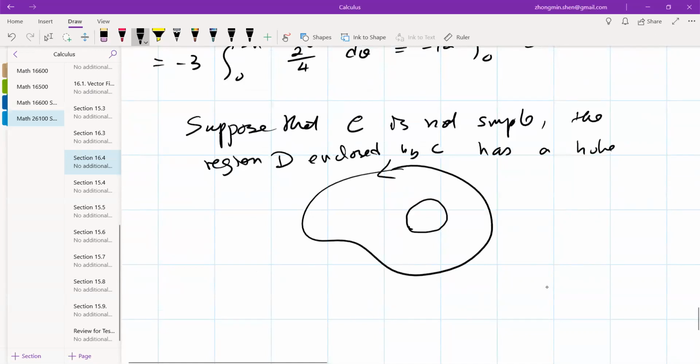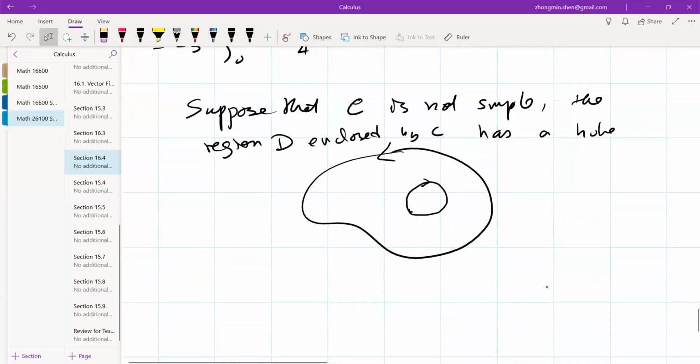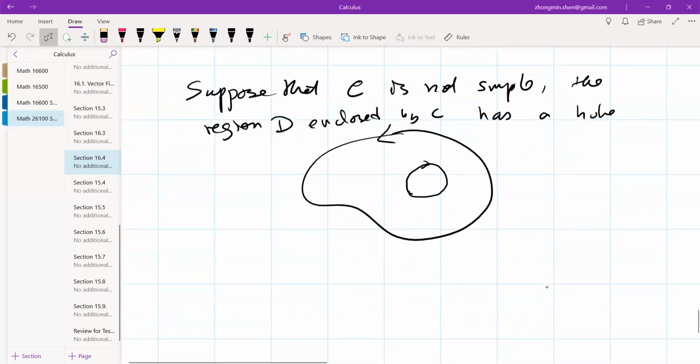For example, C consists of two pieces actually. So this is a clockwise rotation, such like that. Okay. So this is a C. All right. So how can I set up an integral for this? So there's a hole here. Right.